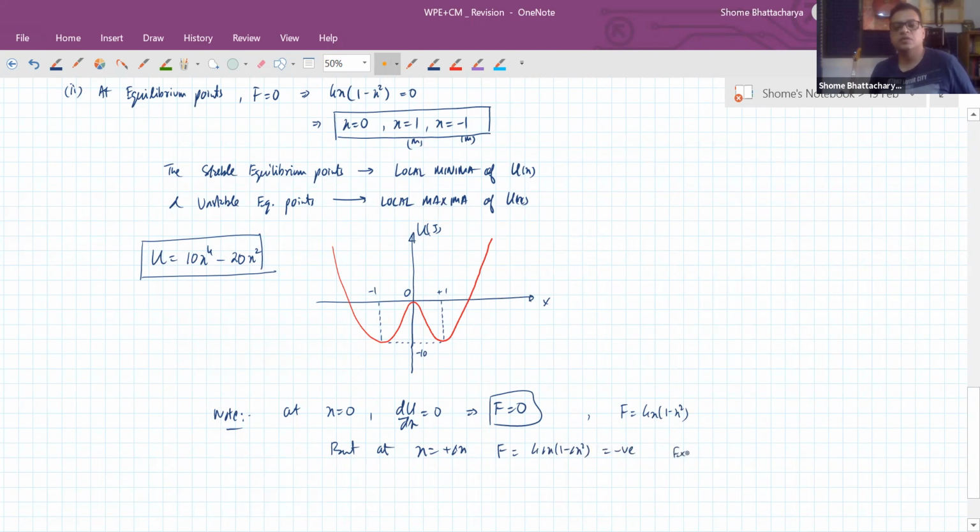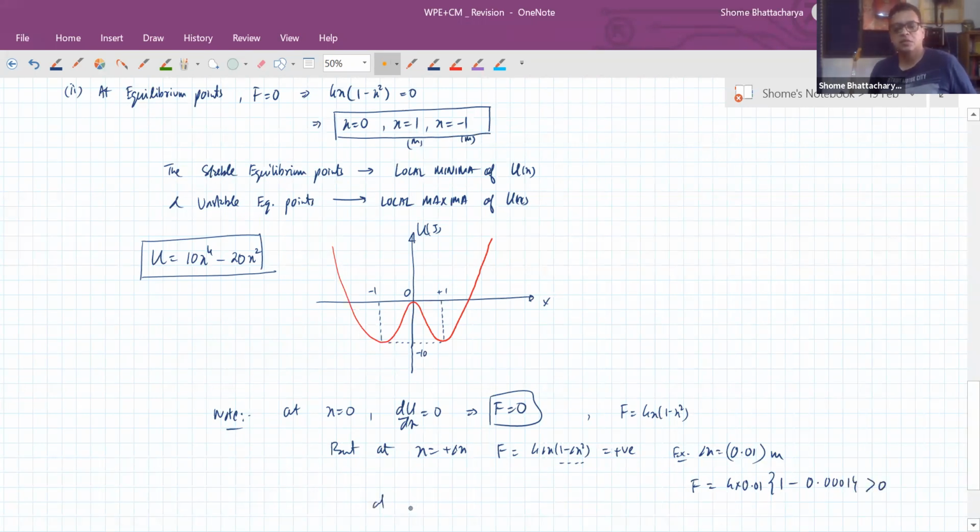For example, if you take delta x as this much, you can see that this quantity 1 minus delta x square will be negative. So the force will tend to be positive, which is greater than 0.